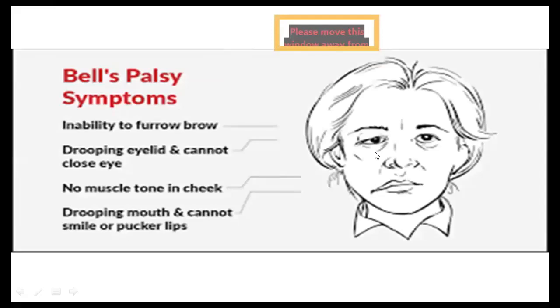Okay, so this is the answer that I had got. Okay, so there is drooping of the eyelid and cannot close the eye. There is loss of muscle tone, right?